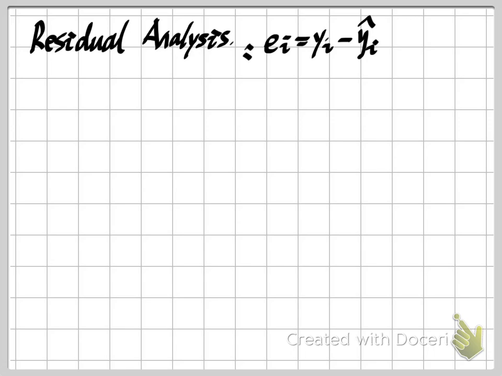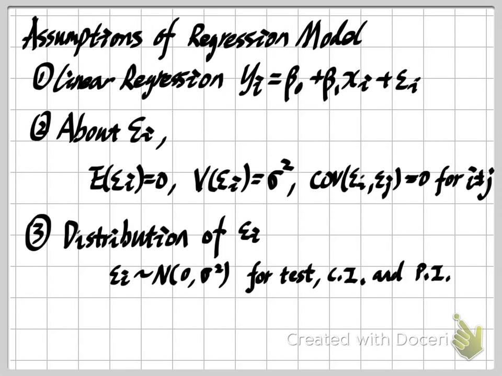So the residual is the difference between yi and yi hat. But the idea is that the residual should still behave like errors, so we still want it to satisfy the second and third assumptions of our linear regression.